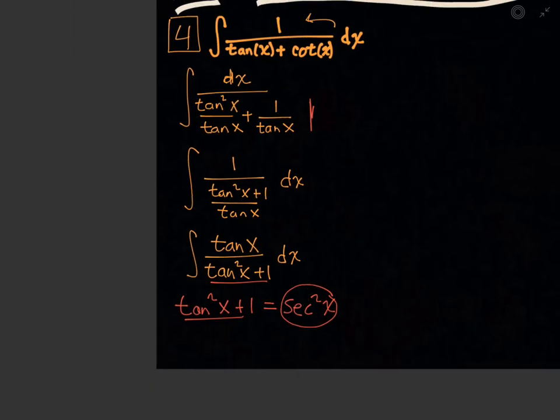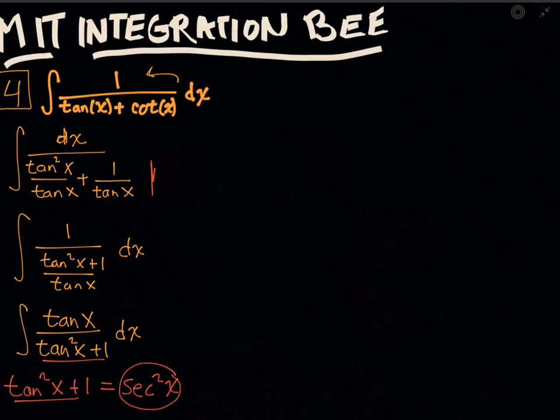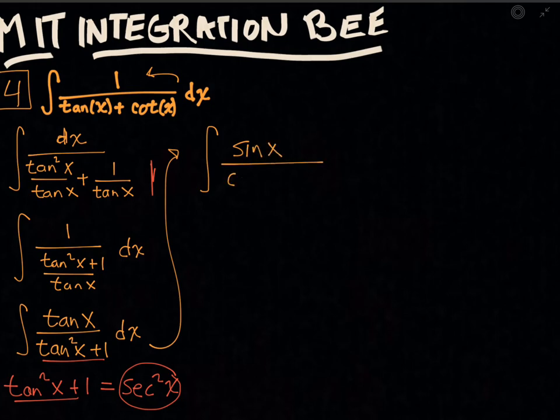Okay, so we're going to rewrite the problem up here. We have the integral of tangent x, which I'm going to write as sine x over cosine x, multiplied by 1 over secant squared x dx.